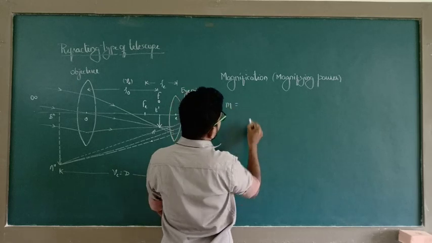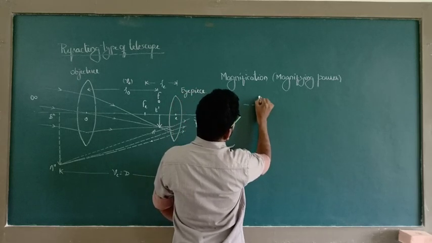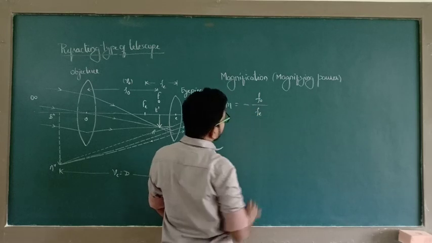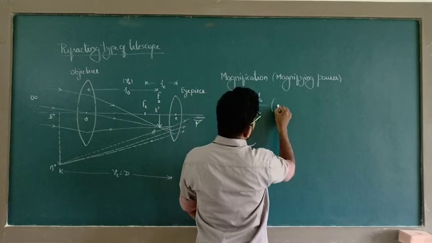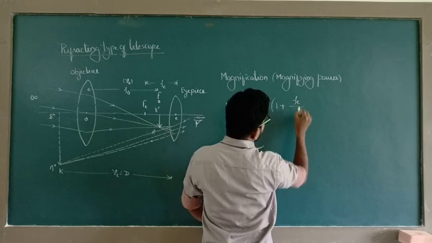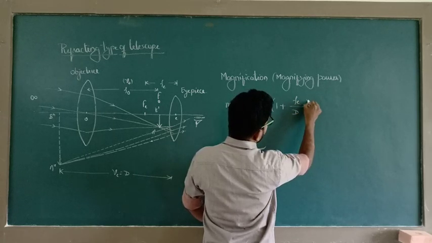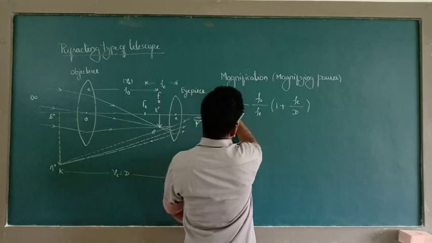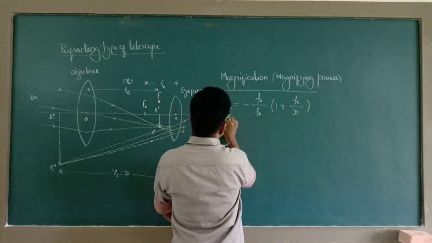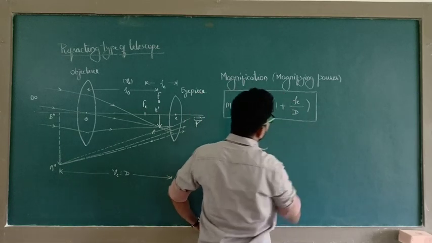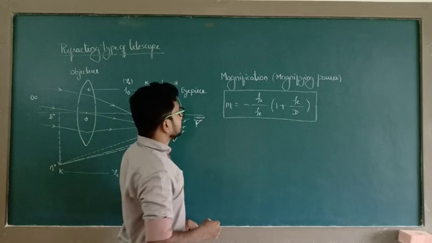So this is equal to minus focal length of the objective divided by focal length of the eyepiece into 1 plus focal length of the eyepiece divided by least distance of distinct vision. So don't worry about the derivation.